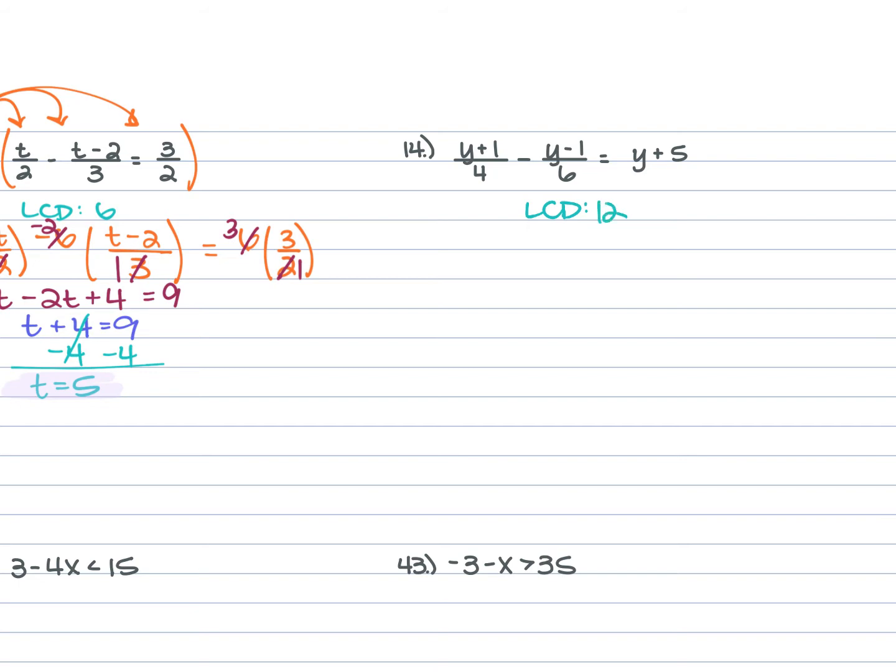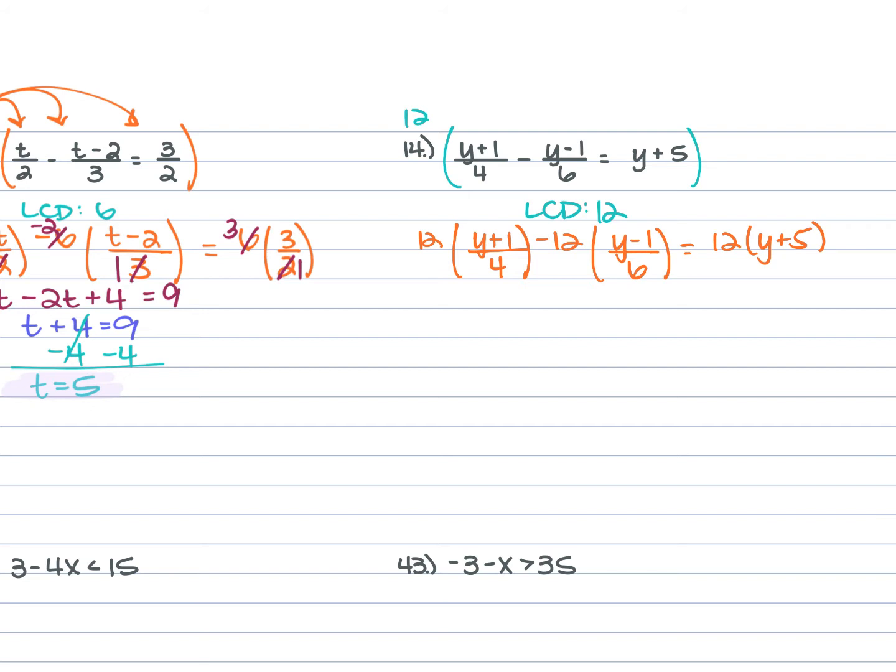So multiply everything by that 12. So it's going to be 12 times y plus 1 all over 4. You have a negative between these two fractions, so it's going to become a negative 12 times y minus 1 all over 6 is equal to 12 times y plus 5.